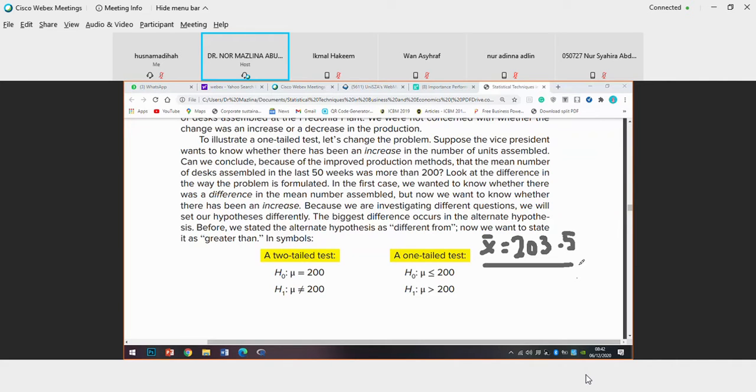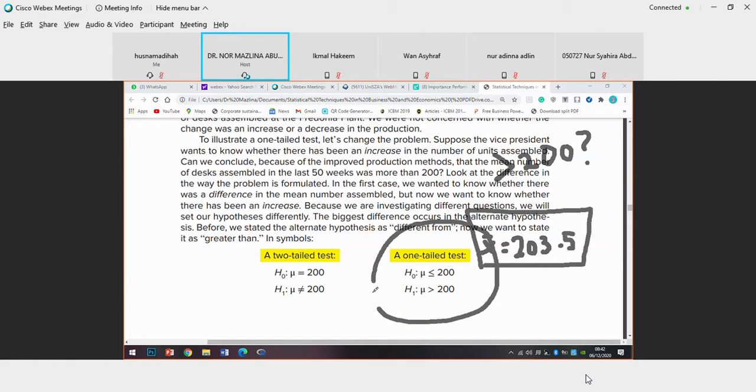Now, do you see this? Is it bigger or smaller than 200? Bigger. It's bigger than 200. So in this case, you can also test with a one-tailed test in which you want to investigate whether the mean is more than 200.